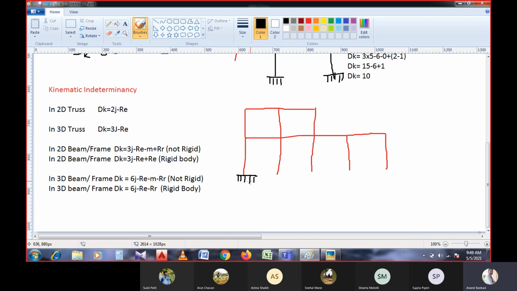Let us consider all types of support in this problem. Okay, so we have a pin jointed, and let us have a roller support. And again we will have this kind of roller support over here.